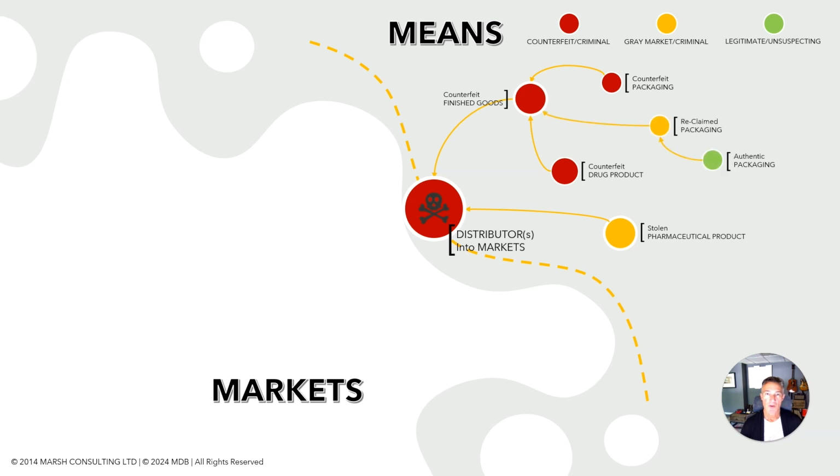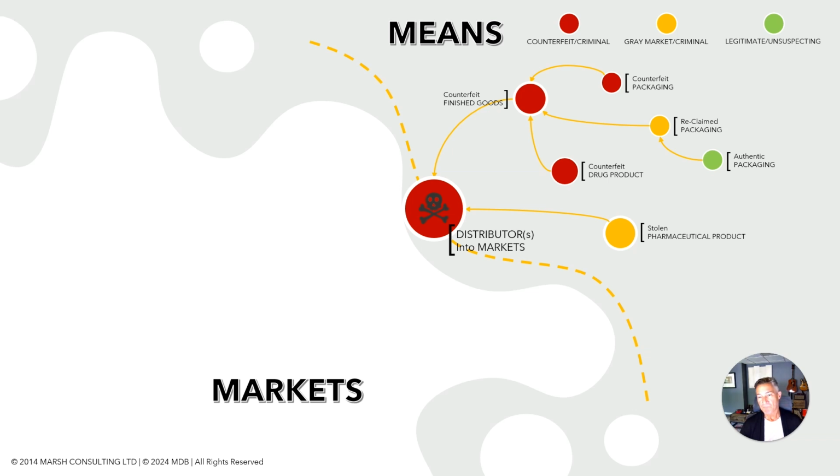One of the other ways they accomplish finished goods is to reclaim authentic packaging. And in this case, we have the green node out on the far right, which is illustrative of authentic package that might have either been scavenged from a waste stream, inappropriately of course, or in some cases directly from patients who have been administered or given the product as part of their therapy.